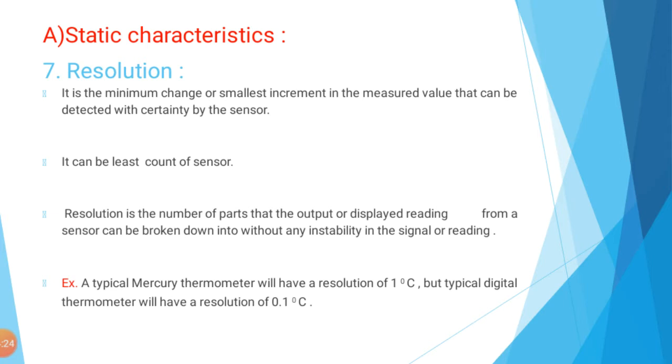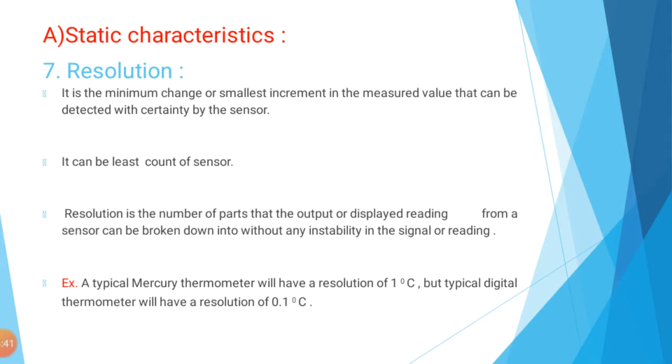Now consider the example of the mercury thermometer. A typical mercury thermometer will have a resolution of 1 degree Celsius, but a typical digital thermometer will have a resolution of 0.1 degree Celsius.